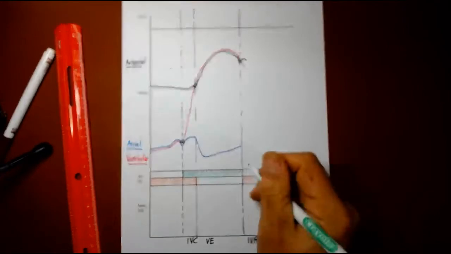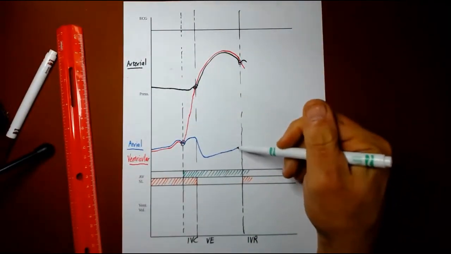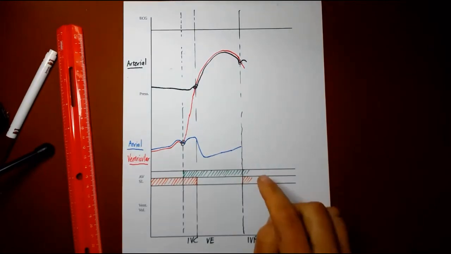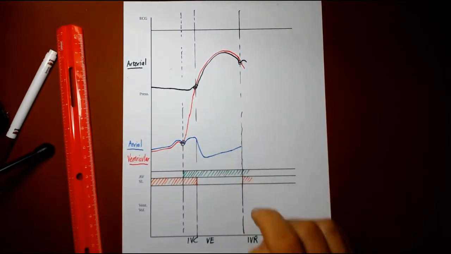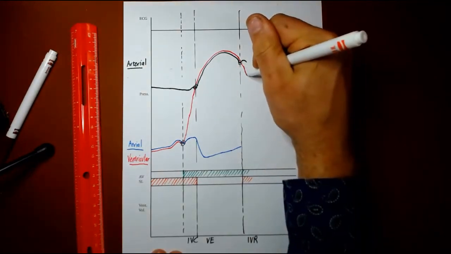The AV valves are also closed at this point because for them to open, the ventricular pressure has to drop below atrial pressure. So now that we're in this isovolumic period where both valves are closed, ventricular pressure continues to fall.